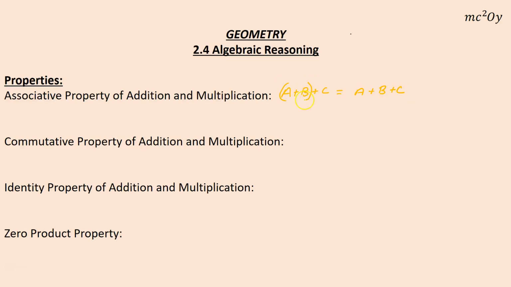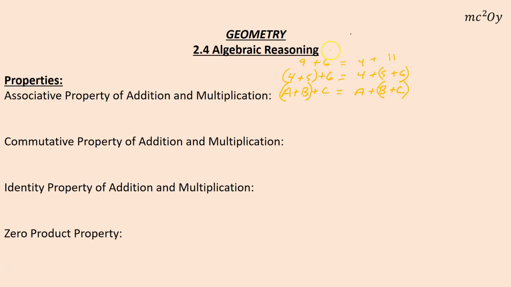So if we group A plus B and then add C, that's going to be the same as if you group B plus C and then add A. So for instance, let's say I have 4 plus 5 plus 6. So A is 4, B is 5, C is 6. All that really means is 4 plus 5, which is 9. 9 plus 6 is going to be equal to 4 plus 11.